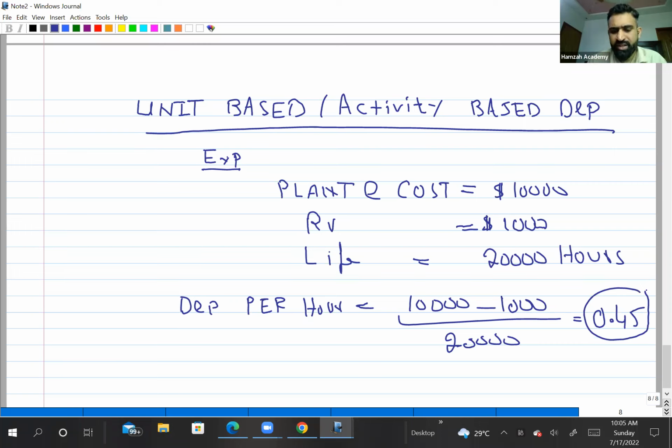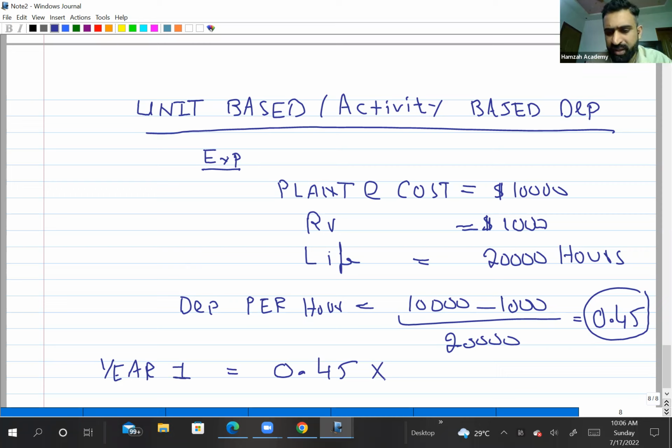and in each year the depreciation we will calculate is the per hour depreciation into hours consumed. So now let's talk about year 1. The depreciation in year 1 will be equal to 0.45 dollar per hour multiplied by hours consumed in year 1.